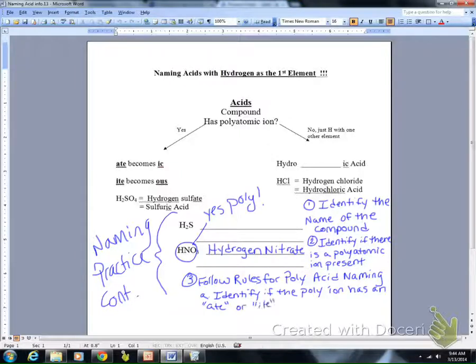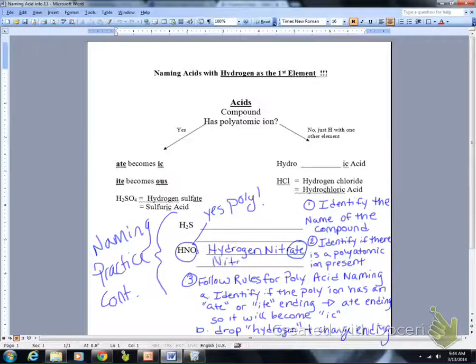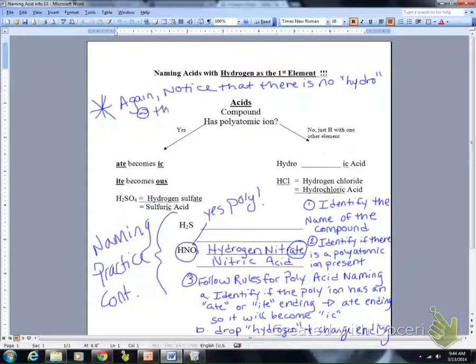In this case, the nitrate has an ate ending. So now I'm going to change my ate ending to ic. I'm going to drop the hydrogen and change the ending. So it becomes nitric acid. Again, notice that there's no hydro at the beginning of a polyatomic ion acid, also called an oxyacid.